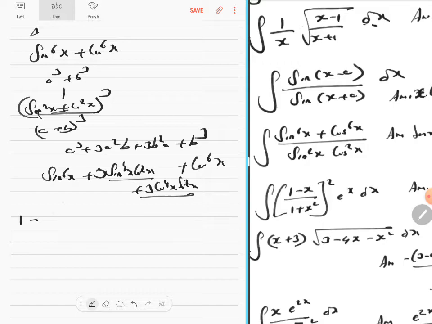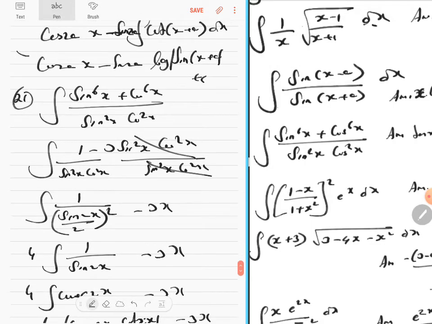So 3 sine square x cos square x is what sine to the power 6x plus cos to the power 6x is, and that's what I wrote here, 1 minus 3 sine square x cos square x. Yeah, and I'm cancelling it and writing it as x.